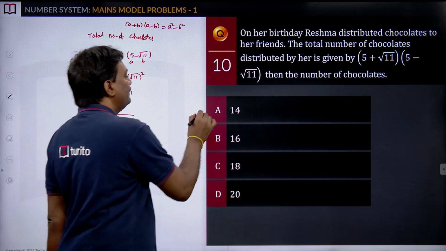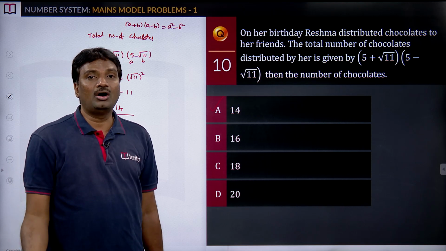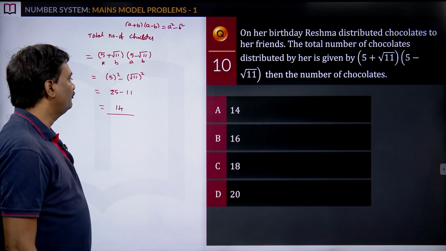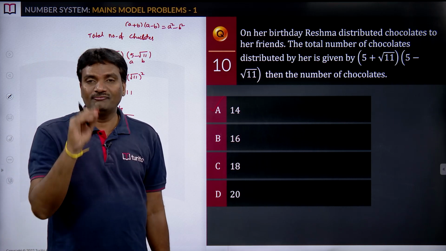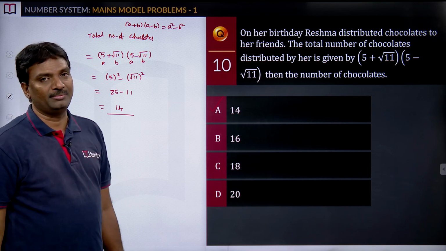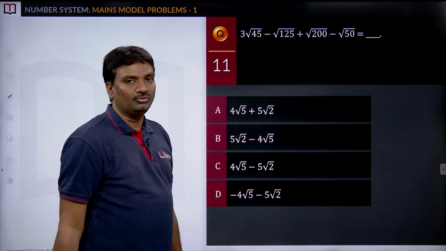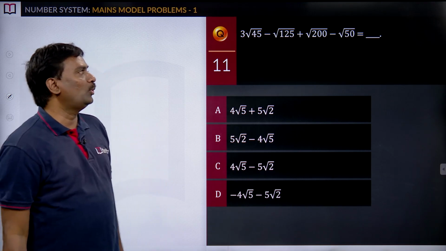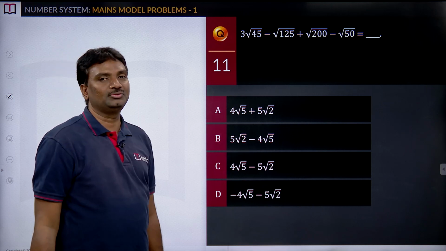So, the total number of chocolates distributed by Reshma to her friends on her birthday is 14. So, we can take option A. Just apply the formula (A plus B) into (A minus B) equals A square minus B square, simple problem.